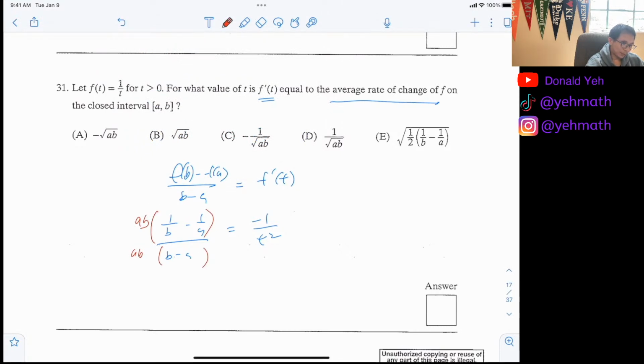And if I do that, b would cancel out. It's going to be a minus b. On the bottom is going to be ab times b minus a, right? Does that make sense? I just leave it in factored form.